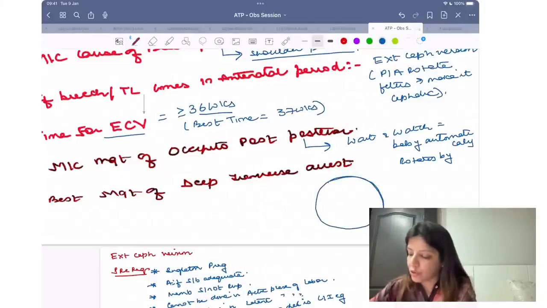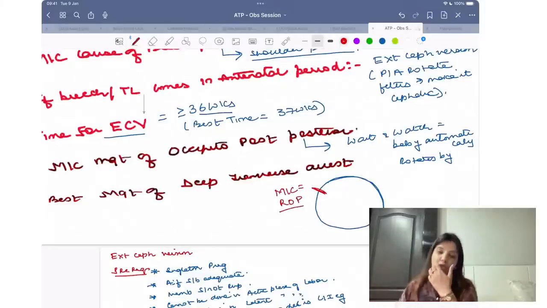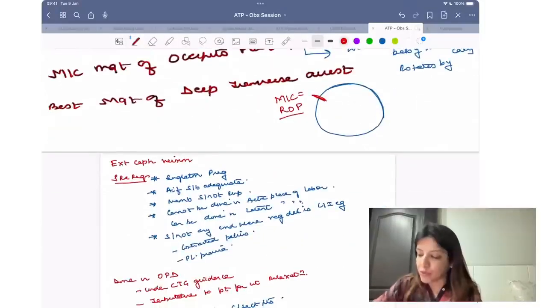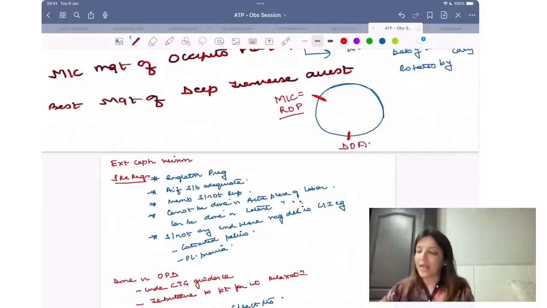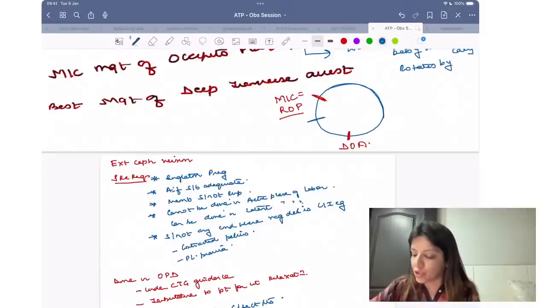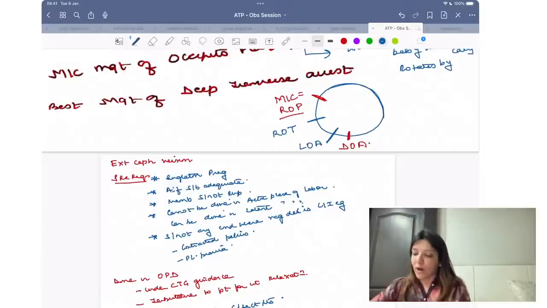Most common occipito-posterior position is ROP position. Now from ROP position, the baby has to come to OA position, right? So baby will have to rotate from ROP position to ROT position, from ROT to LOA and then OA. 1/8, 2/8, 3/8.